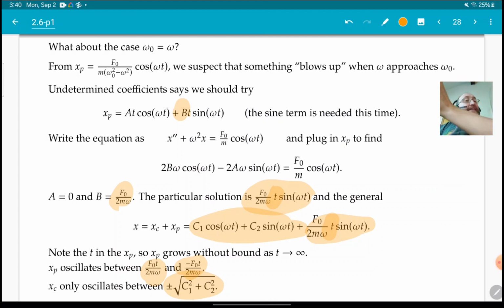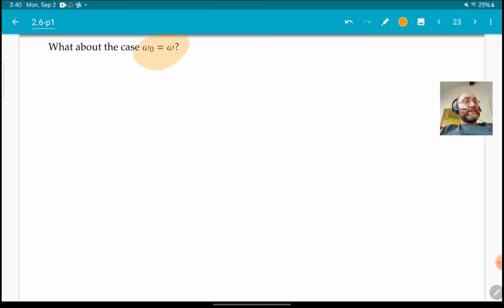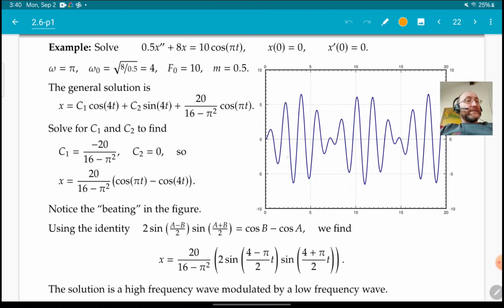By the way, you can see that already in the beating. So let me go back there, right? This slow oscillation is really us subtracting the two frequencies. Well, if they're very, very close, that really becomes just a really long sine wave.